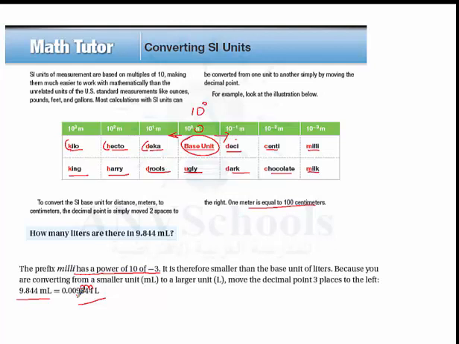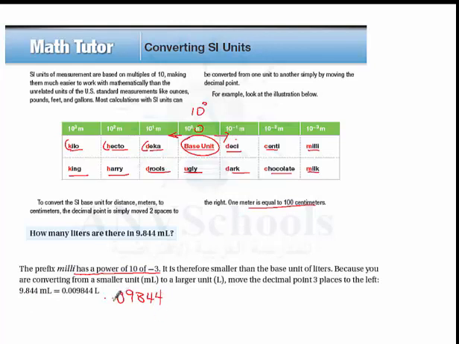But in this case, that is not what is done here. Here, we are having this being converted into a larger value. So you will be having 9, 8, 4, 4.